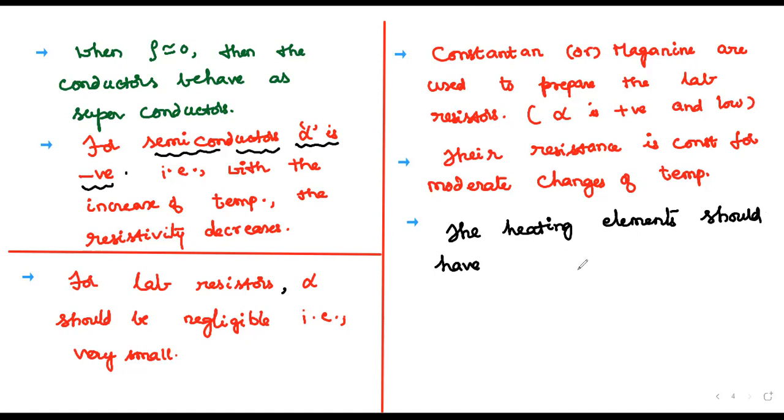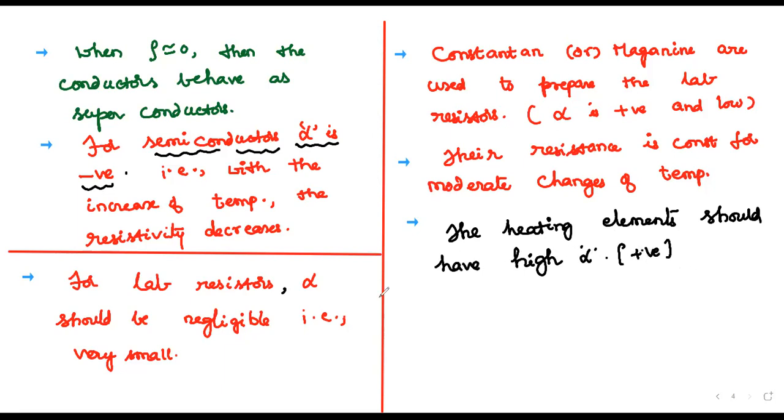They have to produce heat quickly, and their resistance should increase quickly. That means their alpha should be high. Small alpha for lab resistors, high alpha for heating elements. Again positive only, not negative.